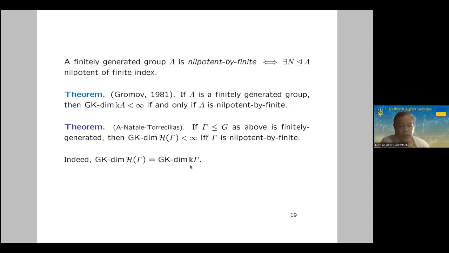Now, in our setting, if gamma as above inside G is finitely generated, then the Gelfand-Kirillov dimension of H gamma is finite if and only if gamma is nilpotent by finite. And in fact, the Gelfand-Kirillov dimension of H gamma is the Gelfand-Kirillov dimension of K gamma. This is because the difference between H gamma and K gamma is a finite dimensional Hopf algebra.